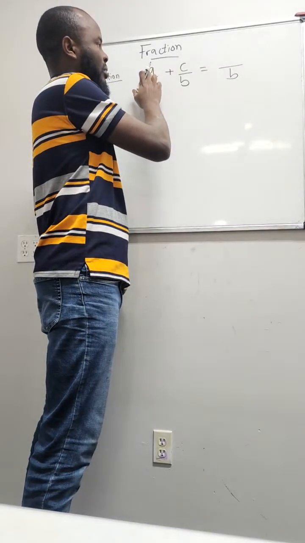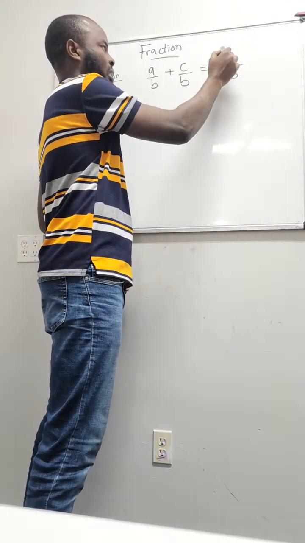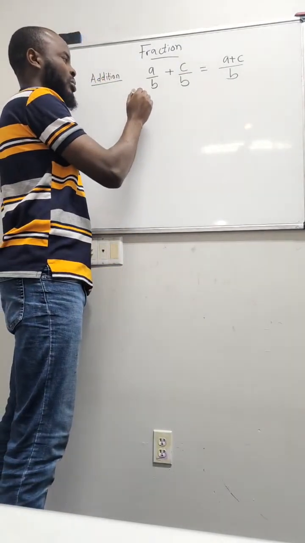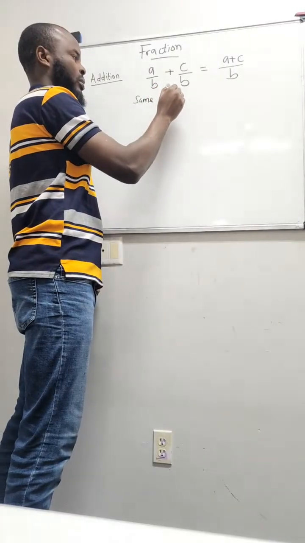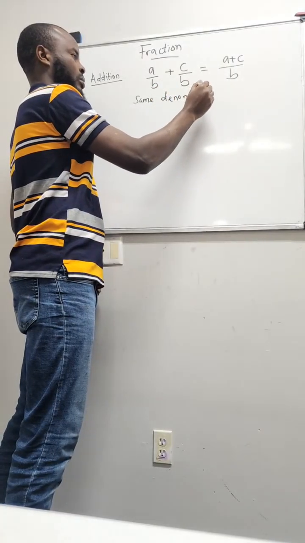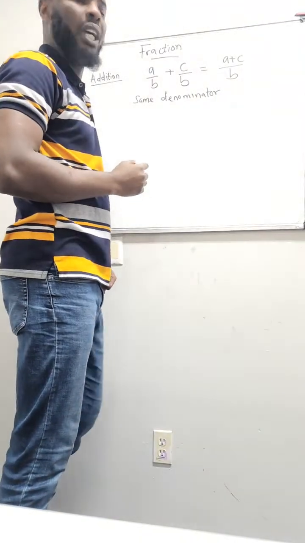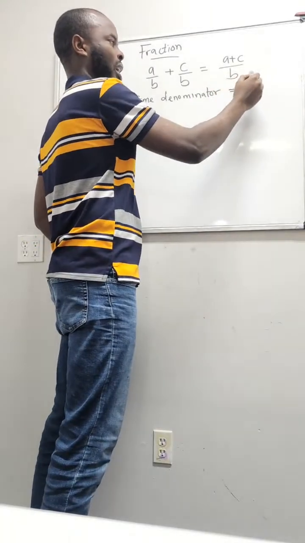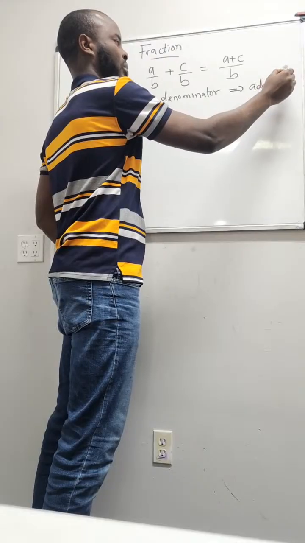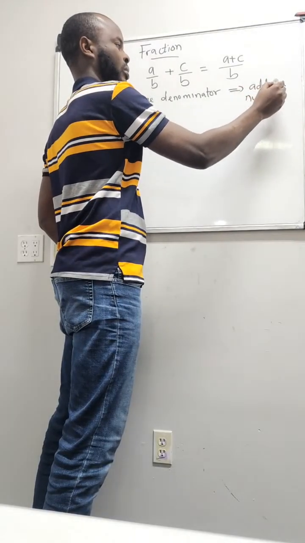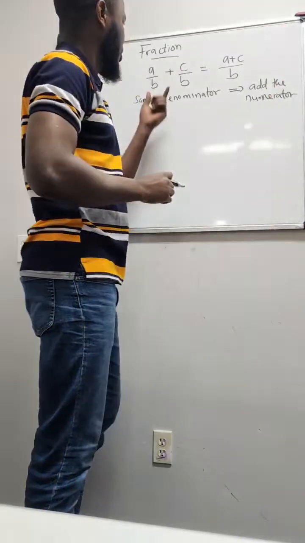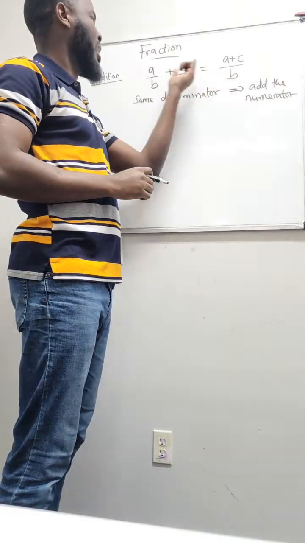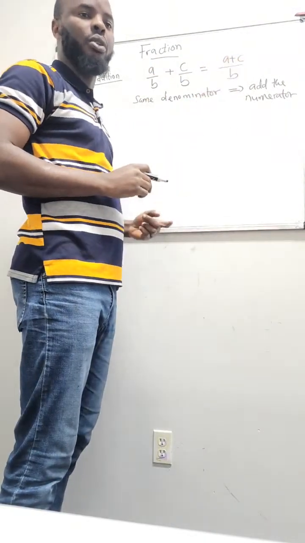Looking at the numerator, we have a plus c, and you add the numerators together. So in this case, you have the same denominator, repeat the same denominator, and just add up the numerators. That is what you have to do.